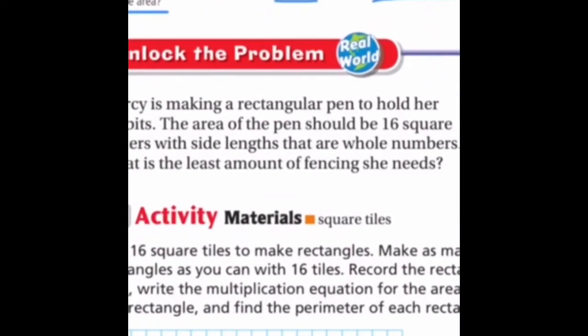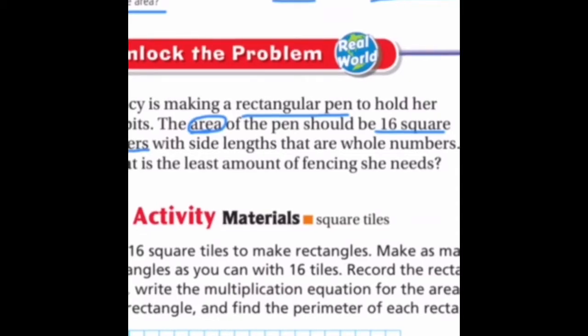Unlock the problem. Marcy is making a rectangular pen, so a rectangle, to hold her rabbits. The area of the pen should be 16 square meters, with side lengths that are whole numbers. And whole numbers are just those numbers that we count by, 1, 2, 3, 4, 5, 6, and so on.